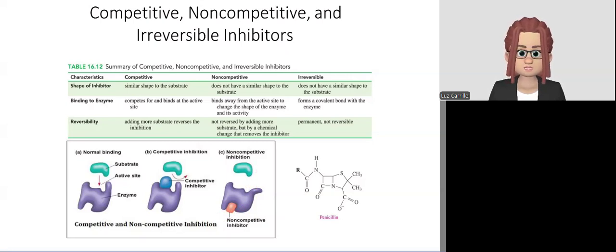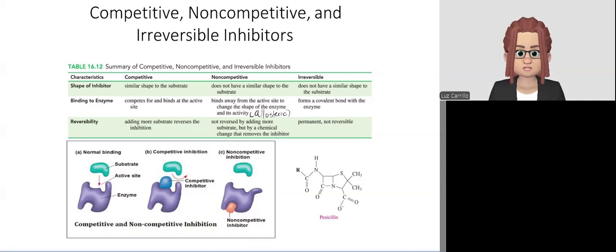You need to use chemical means in order to remove them. Because they bind away from the active site, that is known as an allosteric site in the enzyme. So the binding of a non-competitive inhibitor is called an allosteric binding.